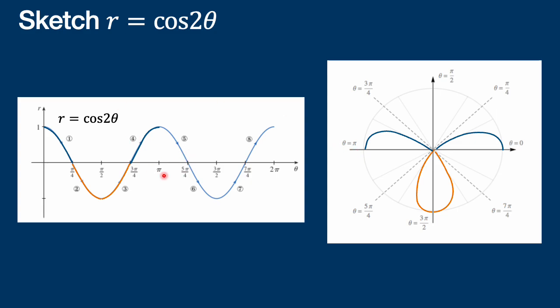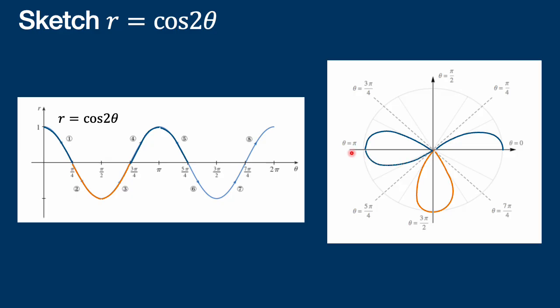Next one is pi to 5 pi over 4. The starting point is 1, decreasing to 0, still positive. So you sketch theta from pi to 5 pi over 4, positive. You sketch right here, starting at 1 going to 0.